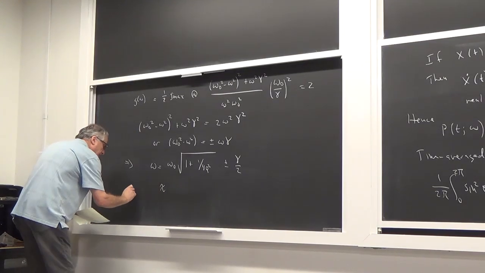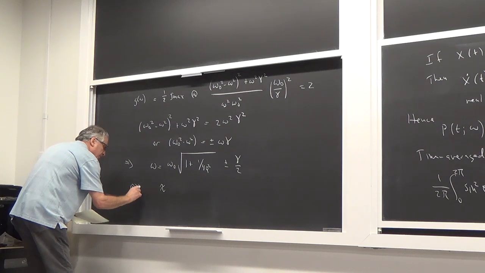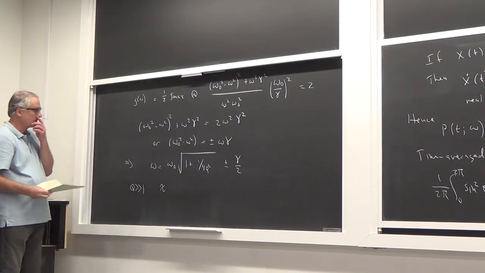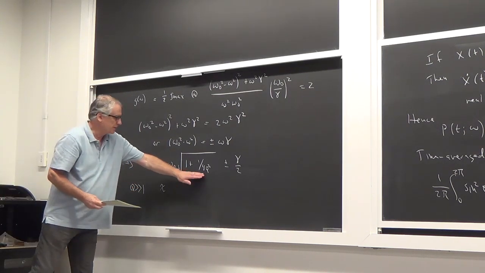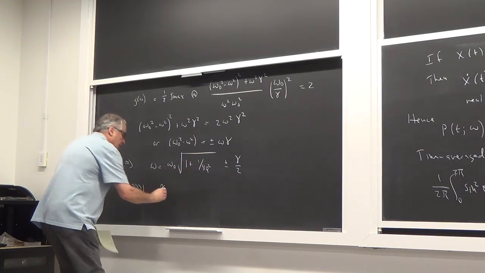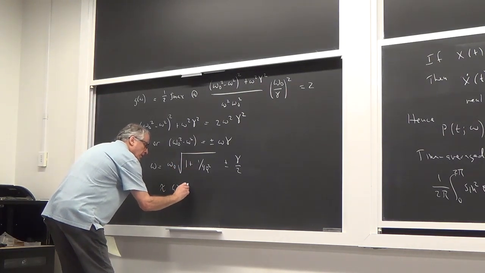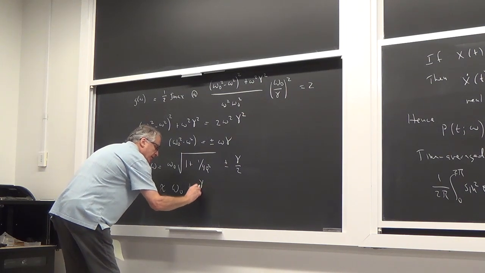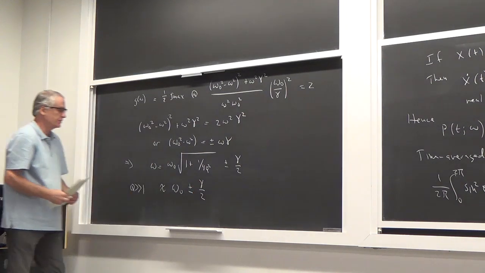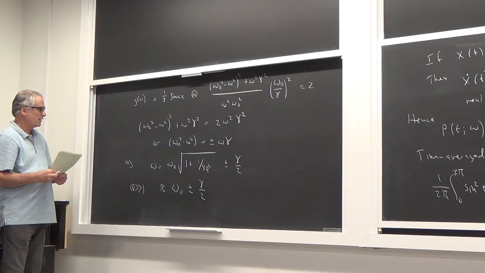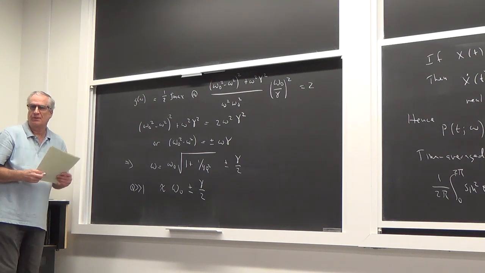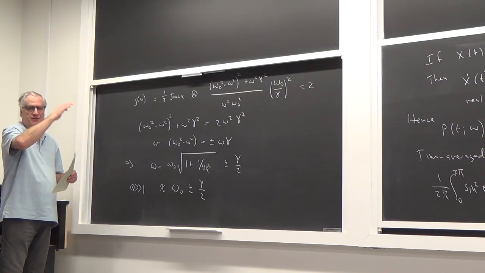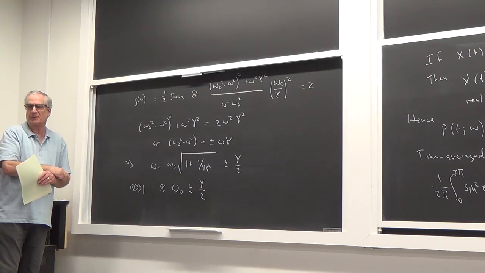If we're really lightly damped, that is, if q is much bigger than 1, then this kind of disappears, and we get omega naught plus or minus gamma over 2 for my solutions where my power dissipation decreases by 1/2 from its maximum.